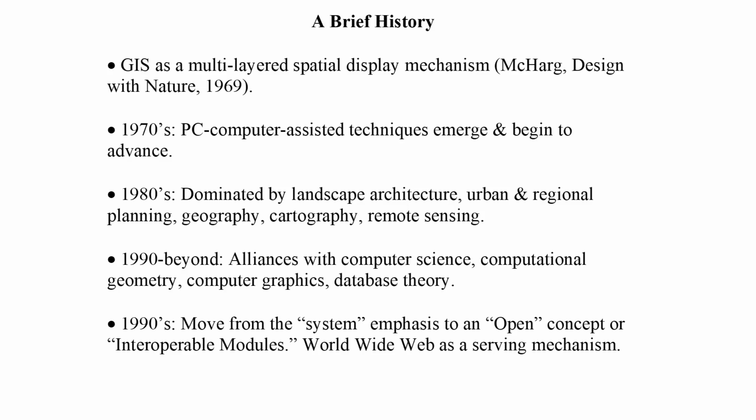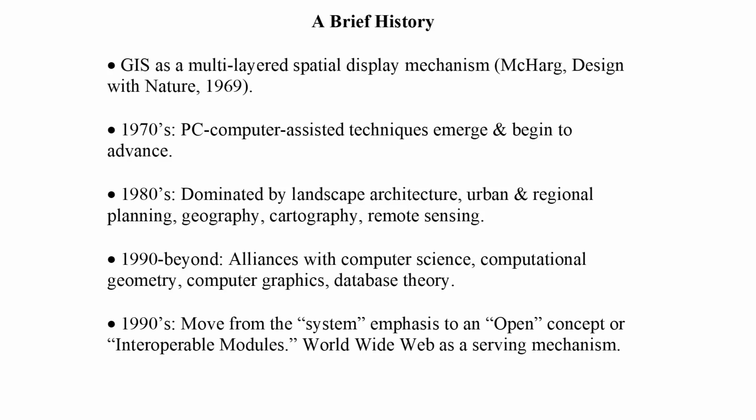A brief history. GIS is a multi-layered spatial display mechanism. It was explained in 1969. We see computer assisted techniques emerge and begin to advance, dominated by landscape architecture, urban and regional planning, geography, cartography, remote sensing.